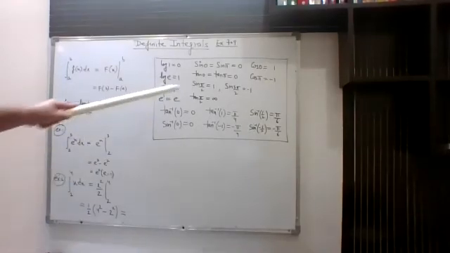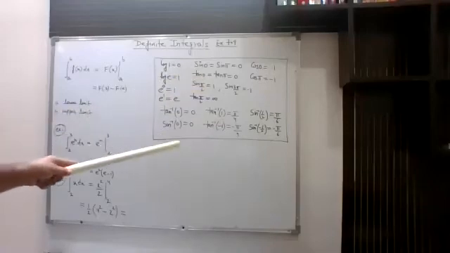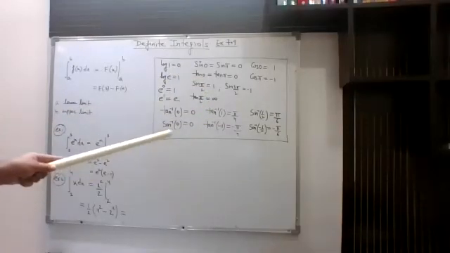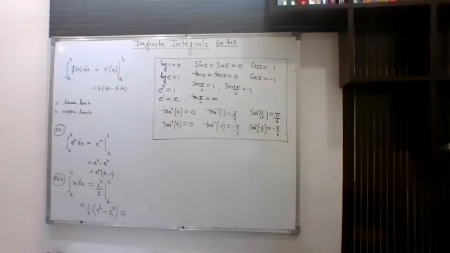Okay, now you can see this table. These are the values which will come very frequently. So you just write down the list of these values.